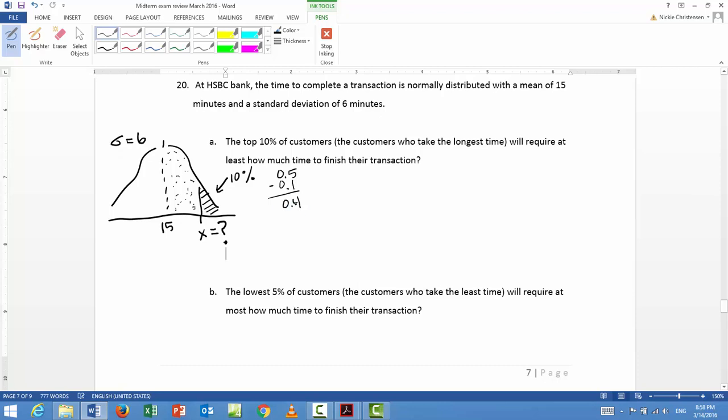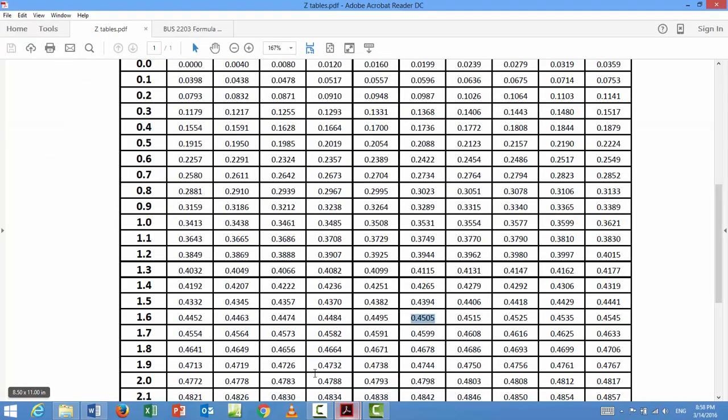So, just with that little simple calculation, we know that this dotted area is 0.4. Okay, now what we're going to do, after you find the p-value, is go to our table and look for 0.4000. We're just going to scan the middle of the table and look for 0.4000.